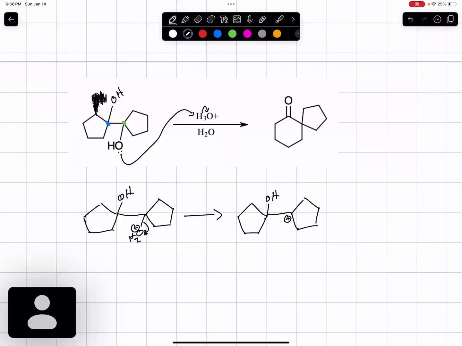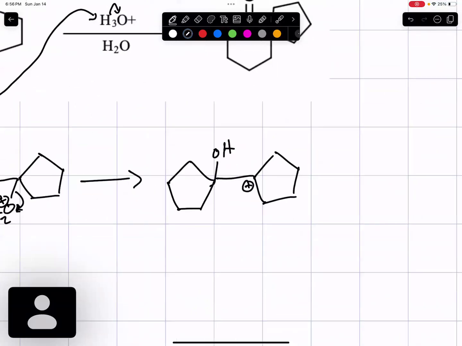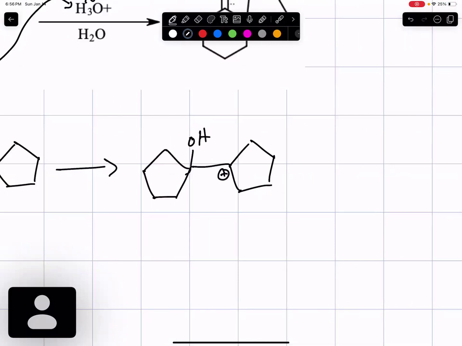So we have to break the ring, right? We have to break the ring and then reform it somehow, right? So what I'm asking is, if you were to label this, we have to put the positive charge here, correct?